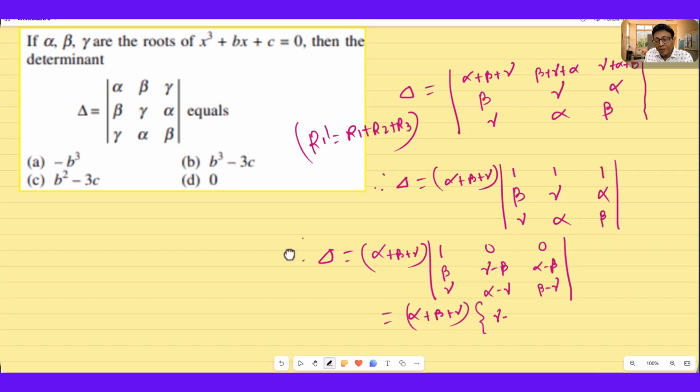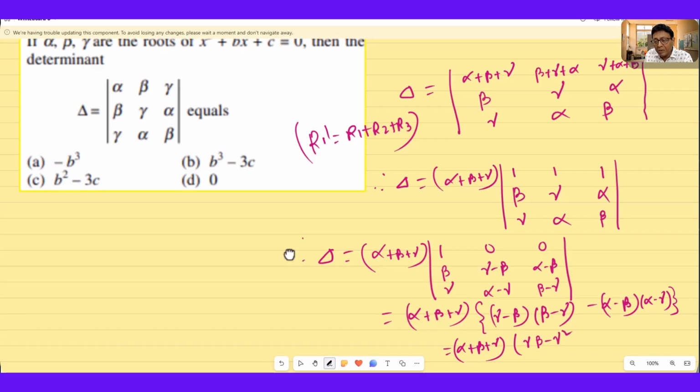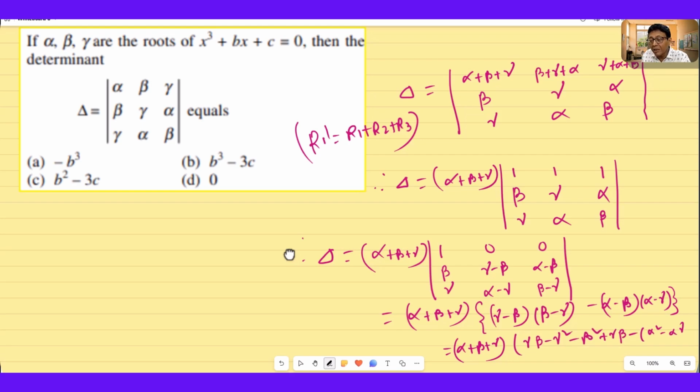This is going to be gamma minus beta, minus alpha minus beta, alpha minus gamma. So just open the bracket. Gamma beta minus gamma square minus beta square, again gamma beta minus alpha square minus alpha gamma, and then gamma beta.